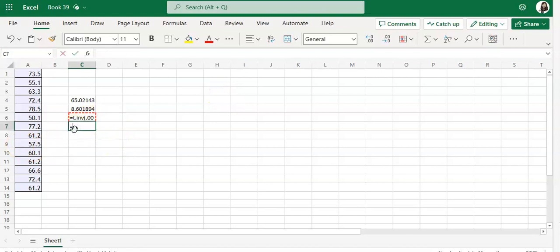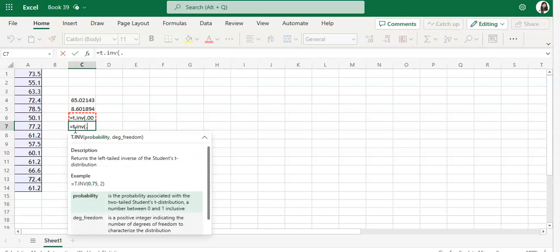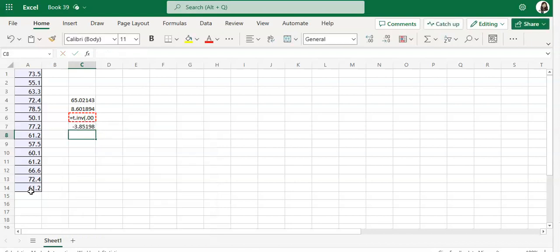Let me just type it again. 0.001. And then we have 14 items here. So our degrees of freedom is 14 minus 1, or 13. And there is my critical value, -3.